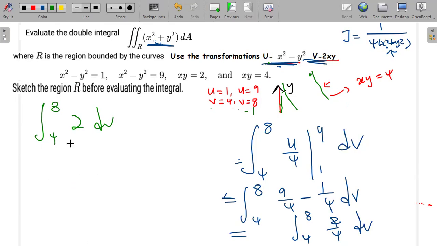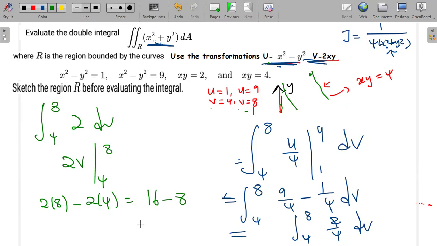If we integrate this, it will be 2v, from 4 to 8. So this will be 2 multiplied by 8 minus 2 multiplied by 4. So this will be 16 minus 8. So our final answer will just be 8. The integral gives the answer as 8.